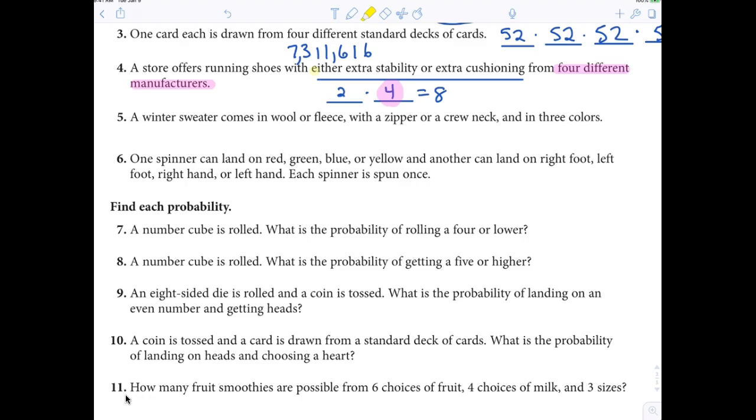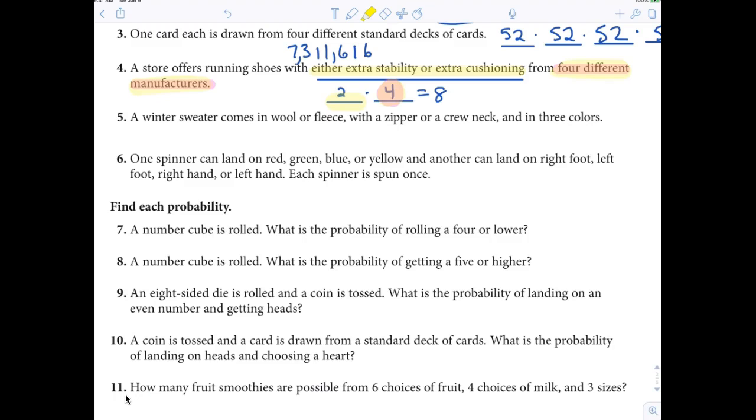Right here, you can either have a shoe with extra stability or extra cushioning. You with me? So that's why you have 2 choices. And those 2 choices, you're going to order them from 4 different manufacturers. That's why this is a 4.